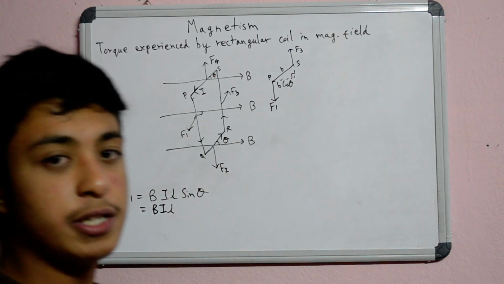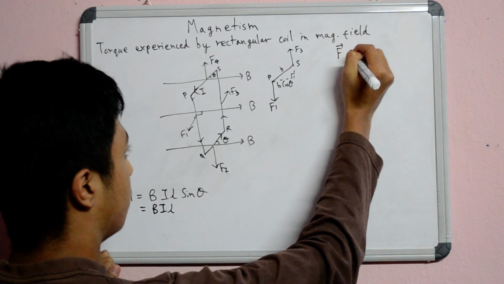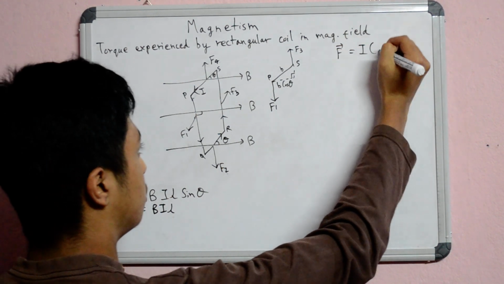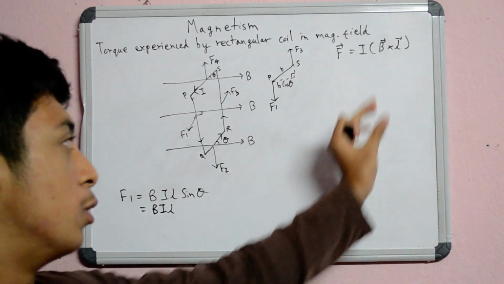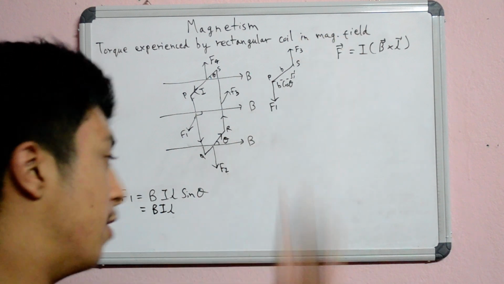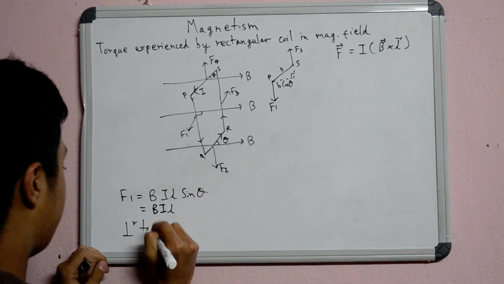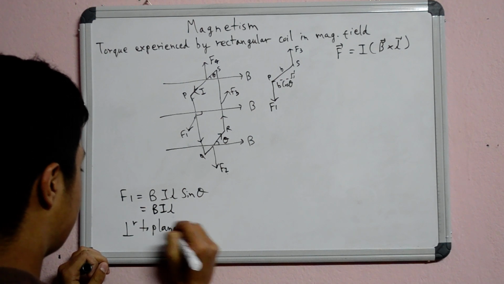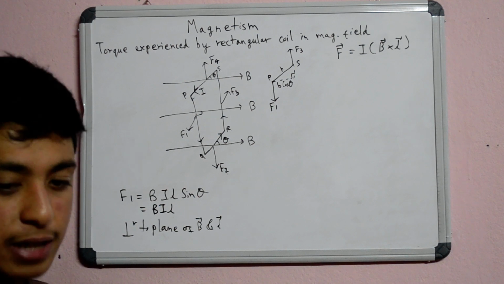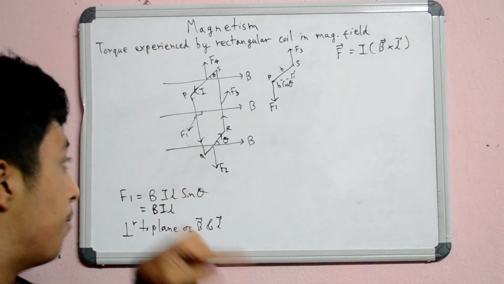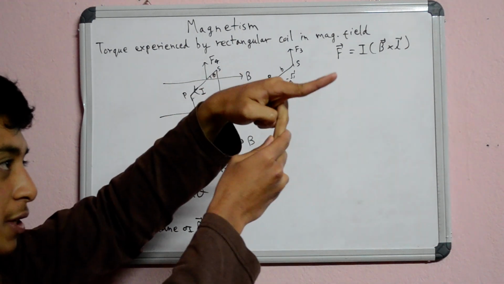Now I forgot to mention in the previous video, but the direction of the Lorentz force is given by, well, I is the scalar, so it's B cross L. So it's perpendicular to the plane containing magnetic field and length. That is the reason right here, perpendicular to plane of B and L. And if you want the direction, well, here magnetic field goes like this and current goes down like here.